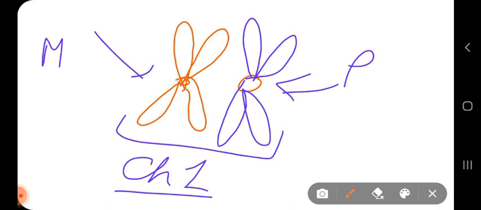One chromosomal set we get from father, another chromosomal set we get from mother. And these identical male and female parent chromosomes that occur in pairs are known as homologous chromosomes.